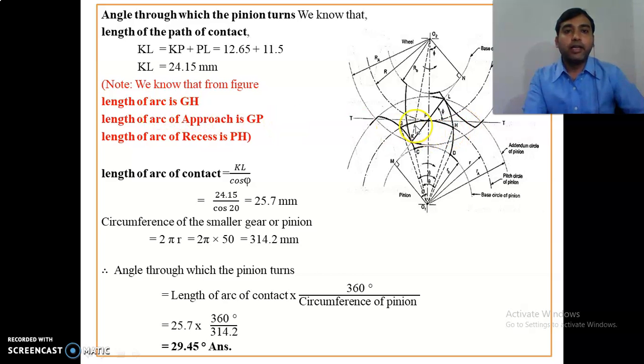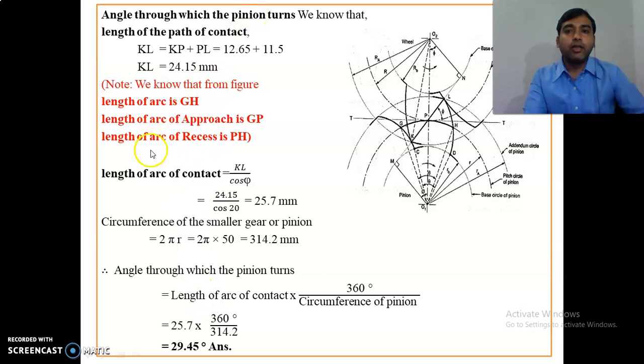So I mention the length of arc. The arc which is shown over this figure when the two gears are meshed with each other, this G point and H point, is called the length of arc of contact. So GH is called the length of arc. It is required to find the angle.